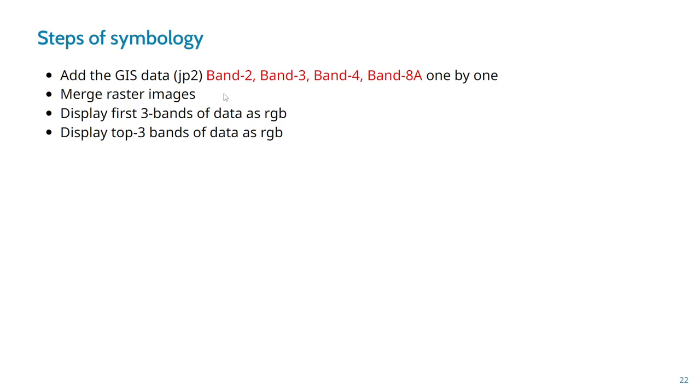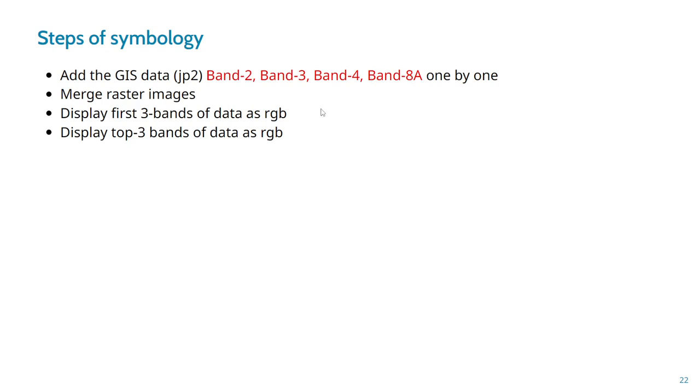For the simplicity of this tutorial, I have just copied the 60-meter resolution data for these bands. What we will do is merge the raster images and display 3 bands of data as RGB. The merging process will create a combined raster with all these 4 bands together.